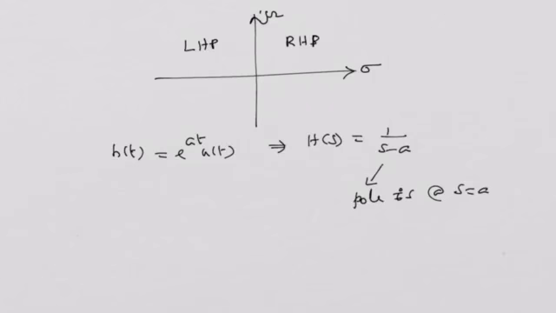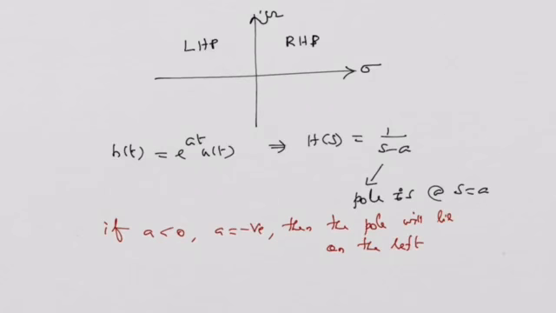Already I have stated some conditions. If a is less than 0, that is, if a is a negative number, then the pole will lie on the left half of the S plane.